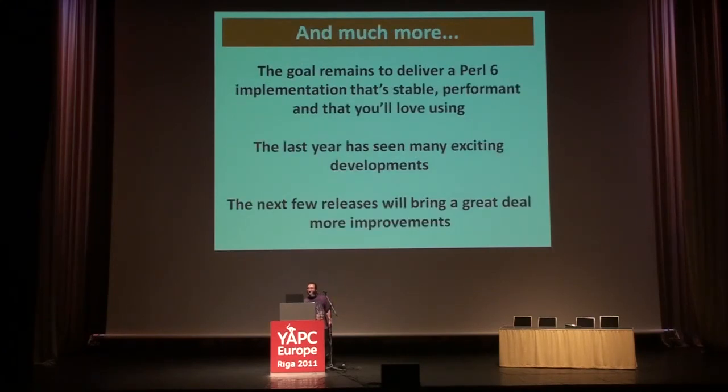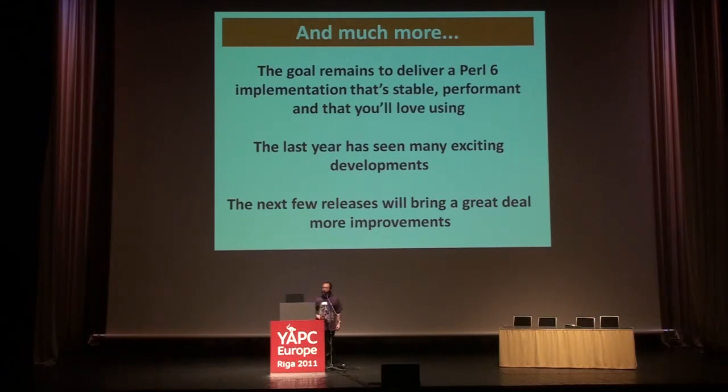And much, much more. Really, our goal has always been to make a Perl 6 implementation that's stable, that performs well, and you will actually really enjoy using. And that's very much where we're heading. That's very much what we're focused on. We've been there and got the features in, and now we're very, very much focused on the performance, on the stability.